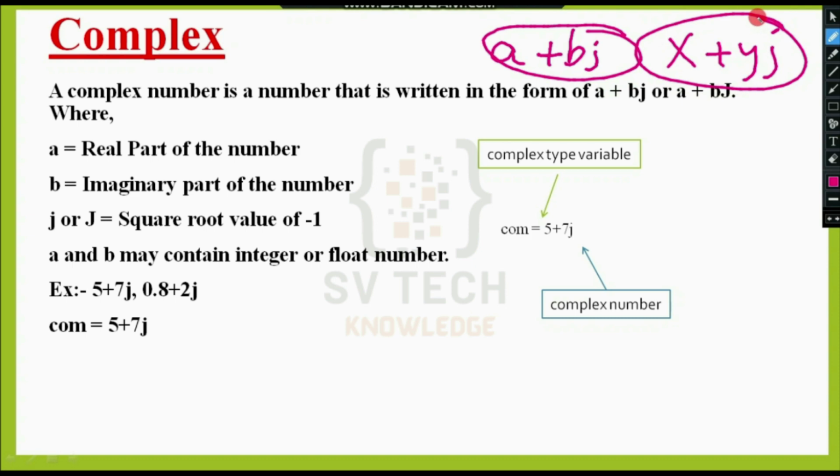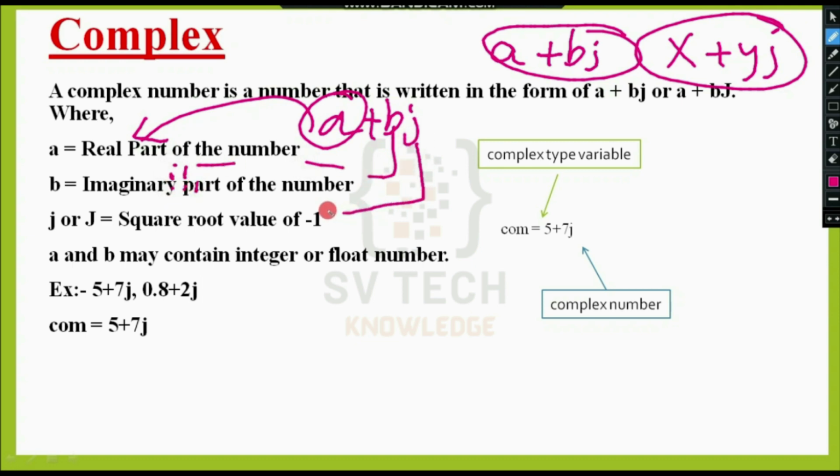In Python we have the facility to give complex numbers also as input, whereas in C language we don't have it. Suppose in a plus bj, a is the real part and b is the imaginary part, and j, what is j? j is the square root value of minus 1.